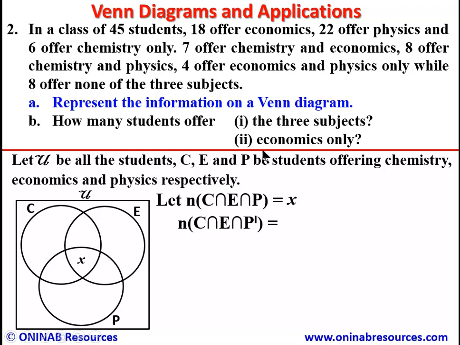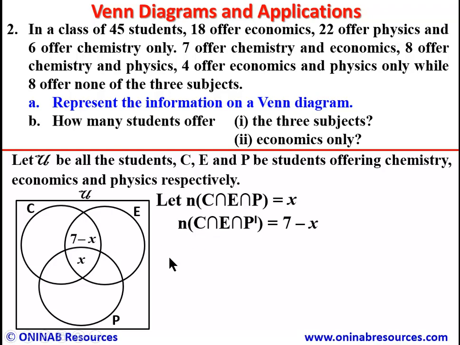So we are going to have the number of students offering chemistry and economics. Chemistry and economics, there are 7. Since they didn't put only, if they had put 7 offer chemistry and economics only, we just put it directly here. Since they didn't put only, we are going to remove the number of students offering the 3 subjects, so that we now have it as 7 minus X, and the region is this.